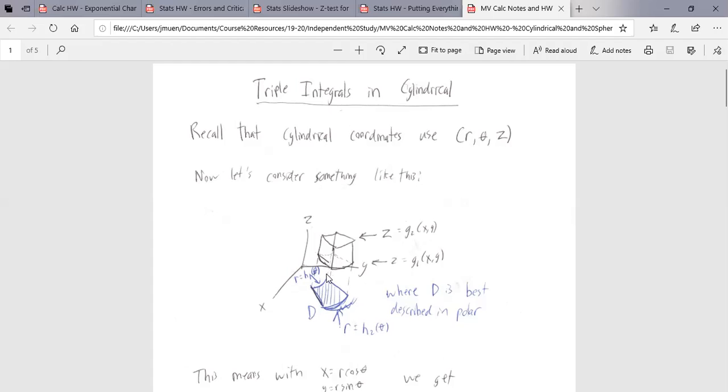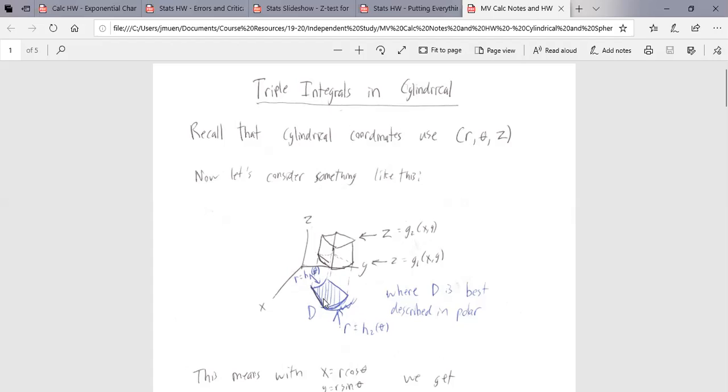Maybe you can see this better in the region down here, D. So what happens here is the x and y are best described in polar, essentially. So what might happen is we say, okay, I want to describe z in terms of x and y because that's fine, but then I want to deal with x and y in terms of polar, and this would be cylindrical coordinates at its finest.